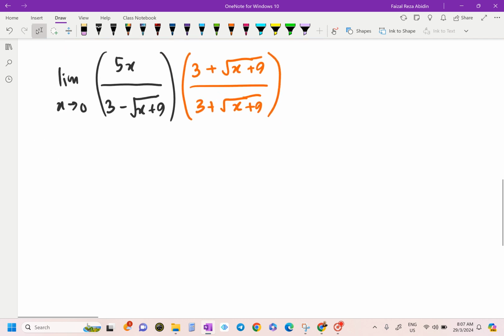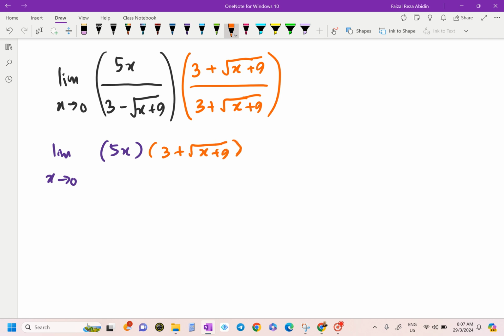Okay, so what happened over here, like what we did previously, you are going to do the what we call expand at our denominator. For our numerator, I'm just copy back over here the limit x to 0. So I just copy back 5x with our 3 plus with square root of x plus 9 over here.